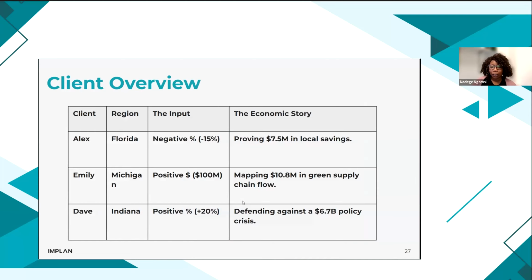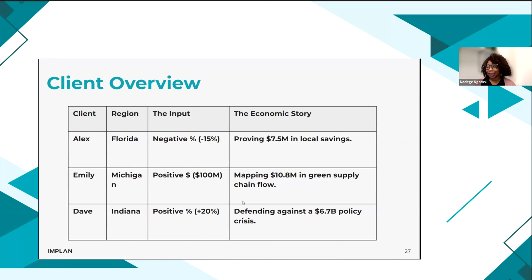And fair warning, now all of these clients have had all of IMPLAN's Forward Linkages and have modeled all of the different ways that they can use Forward Linkages to model their own particular scenarios. So Alex modeled it with a negative number, and he was in Florida. So he proved that $7.5 million in local savings was just the first direct effect in his obtaining that $100 million return on investment.